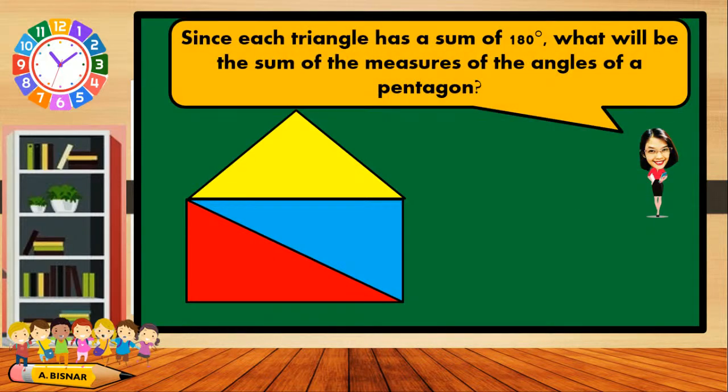And if the sum of the measures of all angles of a triangle is 180 degrees, then what will be the sum of the angles of a pentagon? Ayan po. Kung kanina sa quadrilateral 360, ano naman sa pentagon?